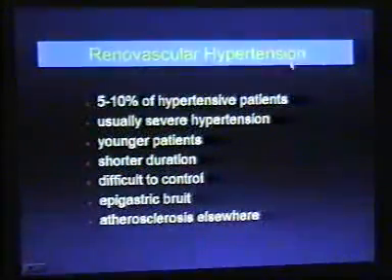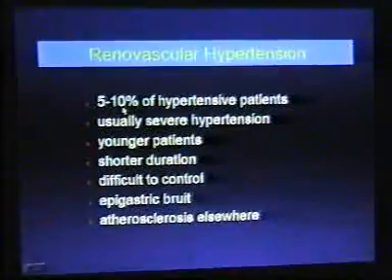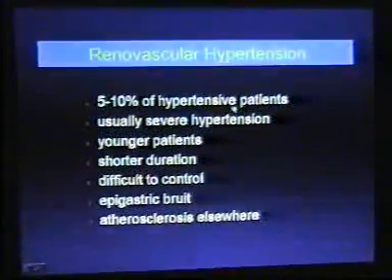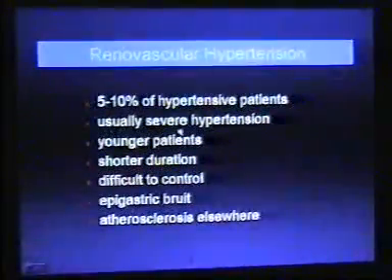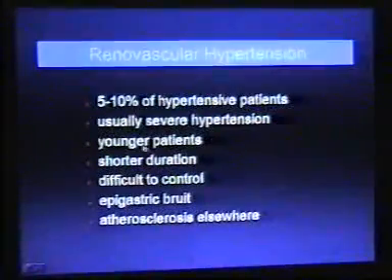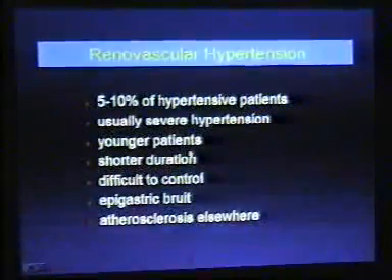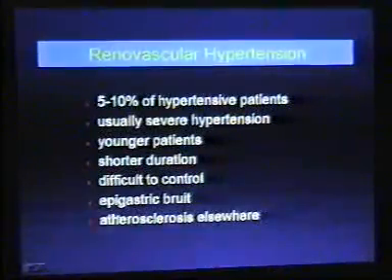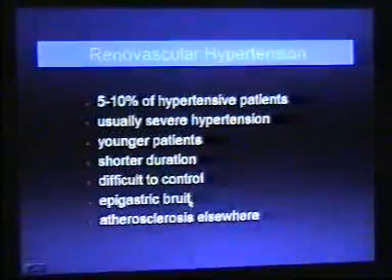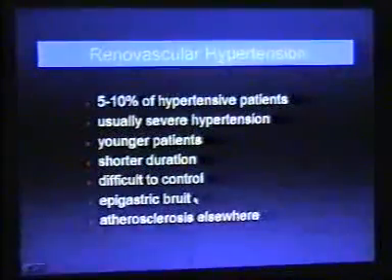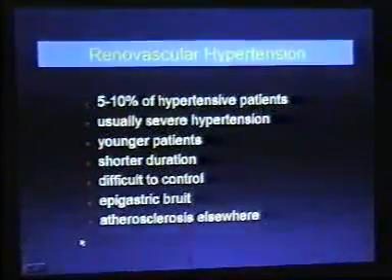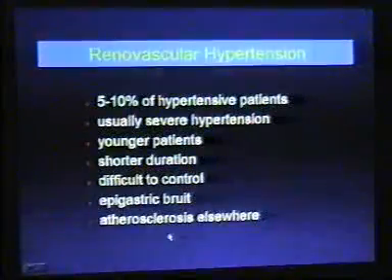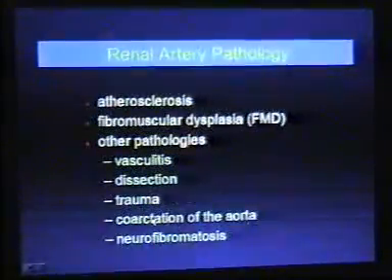The renovascular hypertension is 5 to 10% of hypertension patients. Usually severe hypertension is seen. It involves younger patients. It has shorter duration, difficult to control. Epigastric bruit is seen in some patients of this renovascular hypertension, and atherosclerotic changes can be seen elsewhere.